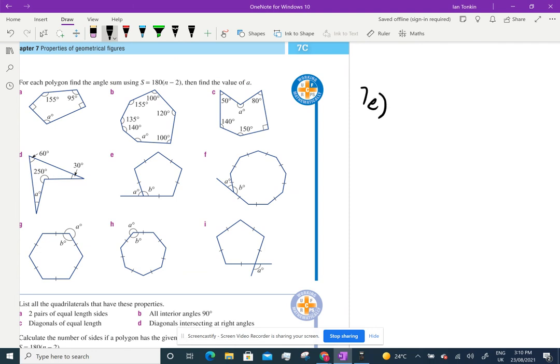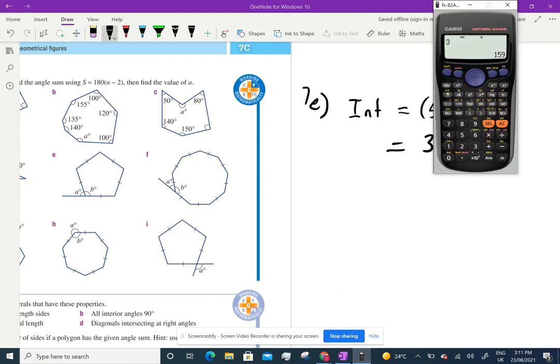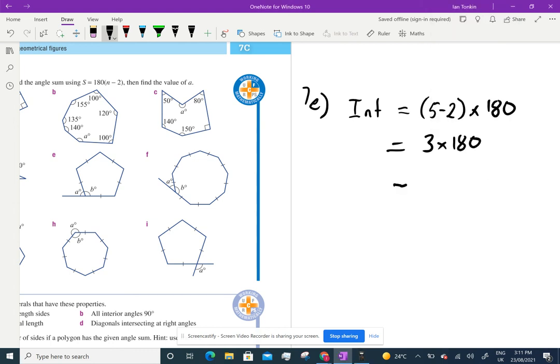Well, this is a regular polygon. It's regular because all the sides are equal in E. And how many sides does it have? 5. So the interior angle sum equals 5 minus 2 times 180, which gives me 3 times 180, $540.